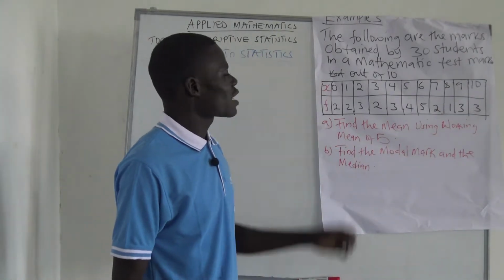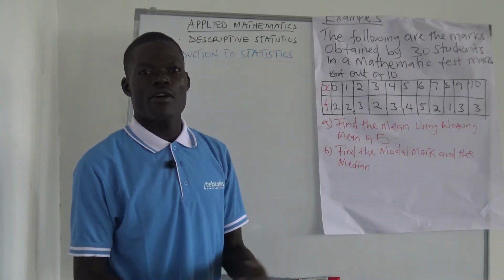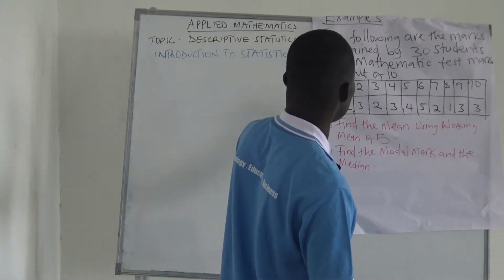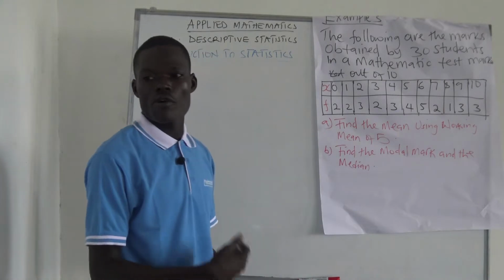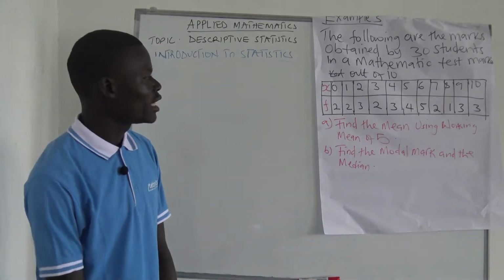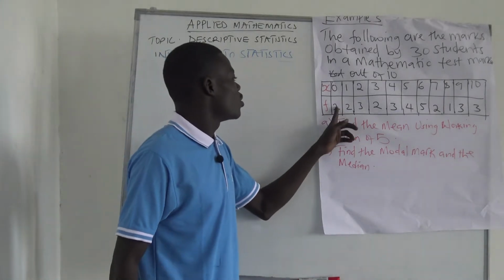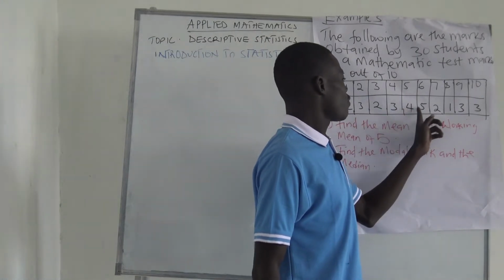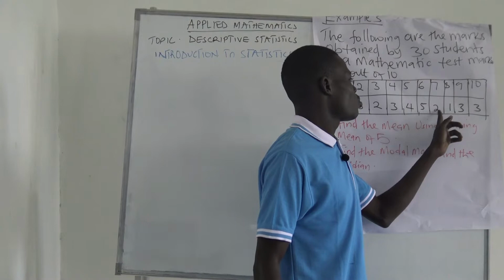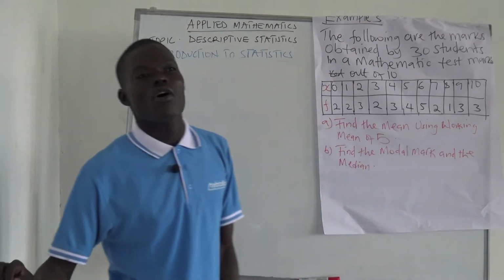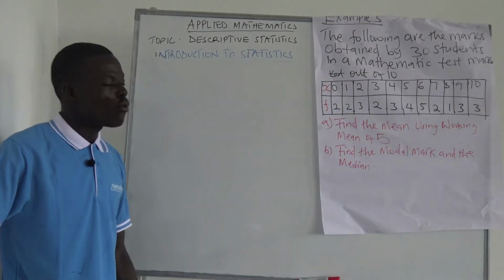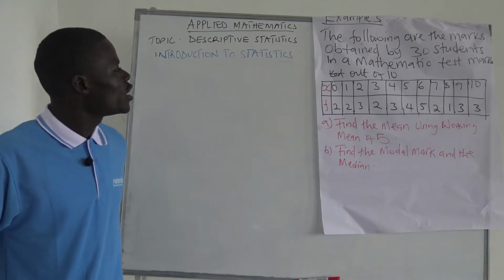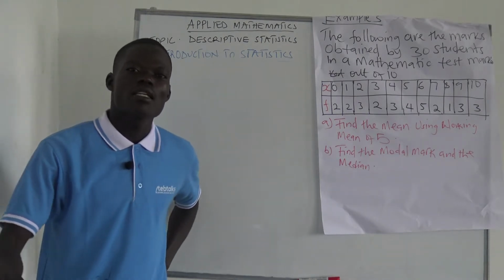Our marks are the variable x, and the frequency, which is the number of times that mark appears, is 2, 2, 3, 2, 3, 4, 5, 2, 1, 3, 3, 4, for x equals 0 to 10 respectively.